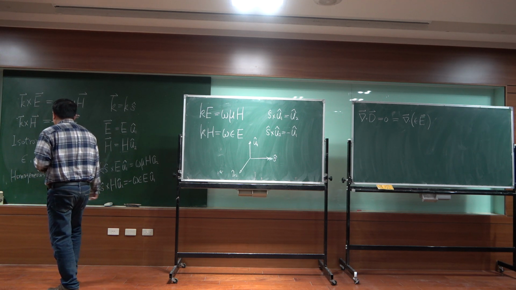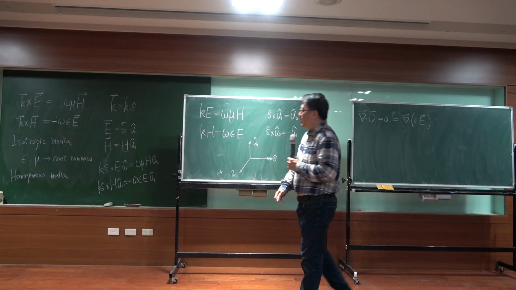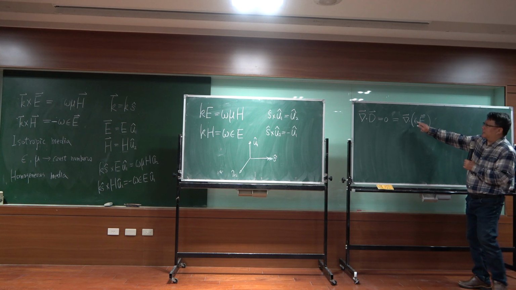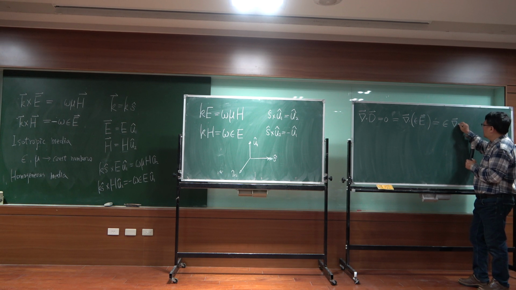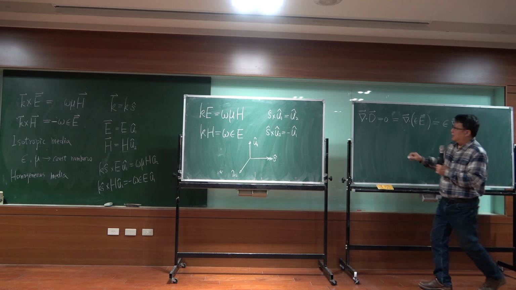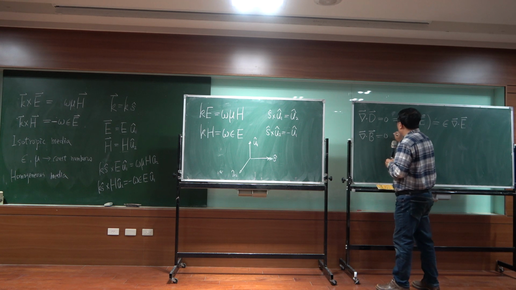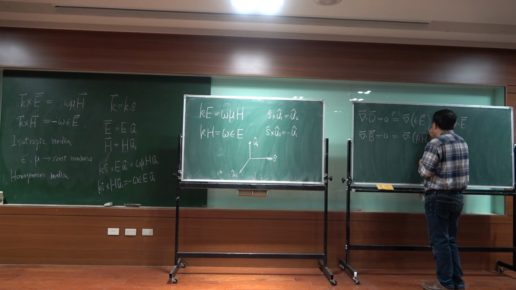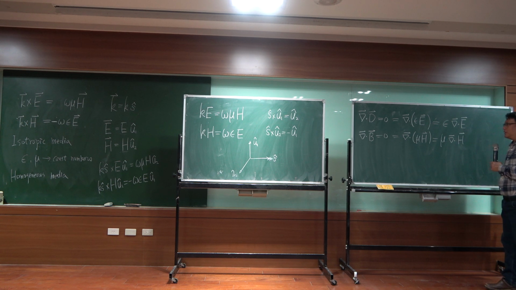Homogeneous means that epsilon and mu are position independent, so they do not change with position, and can be taken outside the differentiation. So we have epsilon times divergence E. And divergence B is equal to 0, which is equal to divergence of mu H. Since mu is a constant, we can factor out mu, and we have divergence H here.